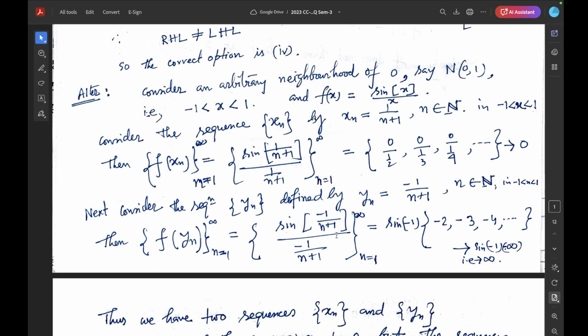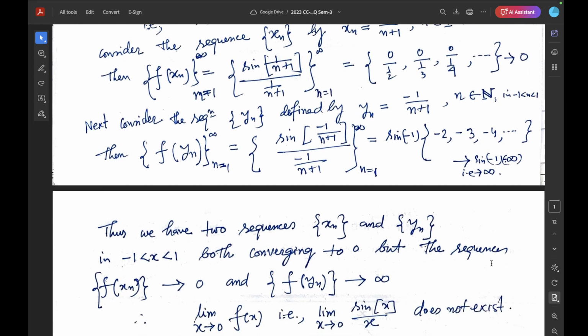This is sine of minus 1, because box of minus 1 by n plus 1 is minus 1 for every n. Taking sine of minus 1 common, the denominator part gives minus 2, minus 3, minus 4 and so on, so this tends to minus infinity. And sine of minus 1 means minus of sine 1, so minus times minus gives plus, so this tends to plus infinity.